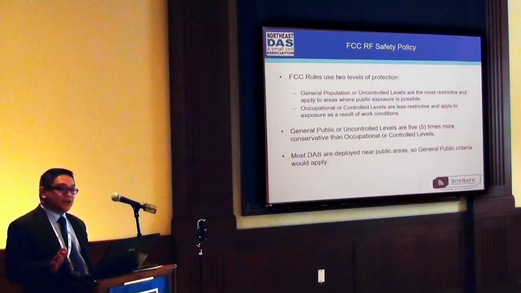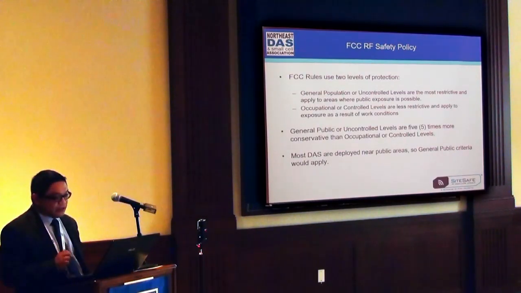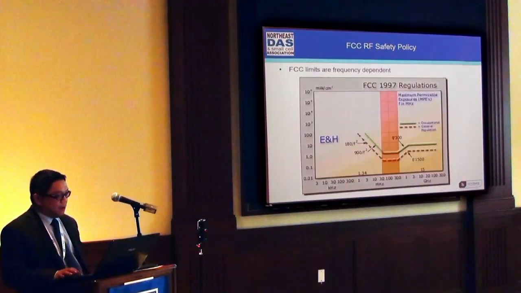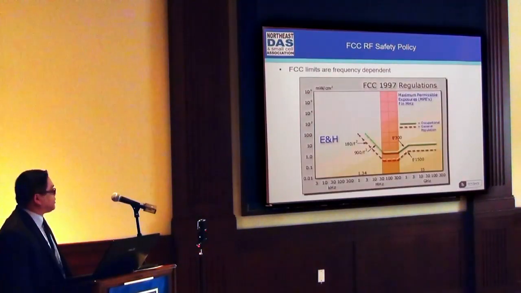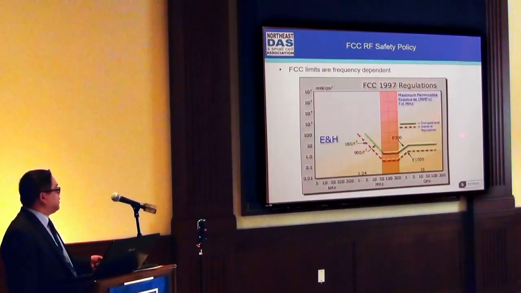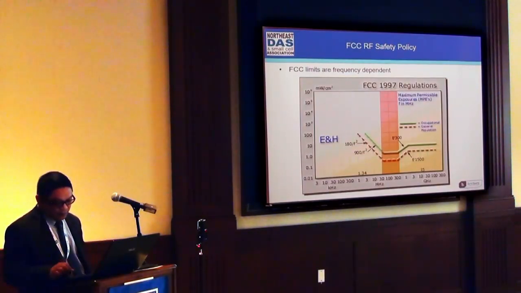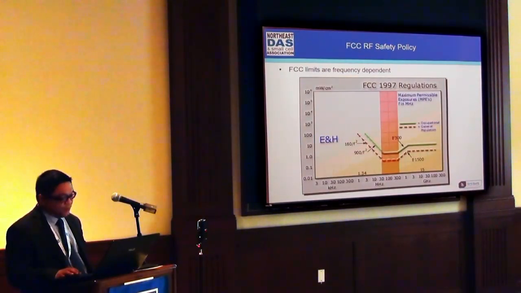Now, most DAS are deployed near public areas, so typically you have to do analysis based on the general public criteria. This chart represents the regulation, and it is dependent on frequency. Again, the difference between occupational and general population is such that general population is a lot more stringent than the controlled environments.